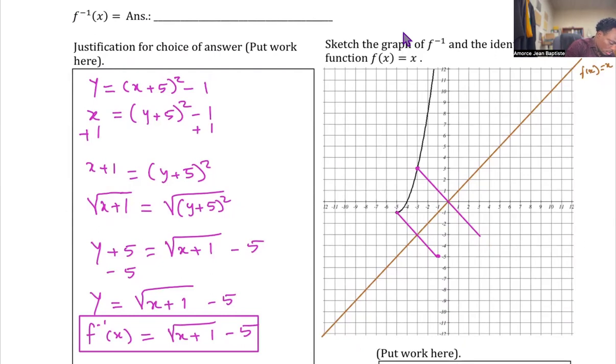So to get a point for the inverse, and then I need another one. Let me take this one here. That's 8, -2. So the inverse point would be -2, 8.